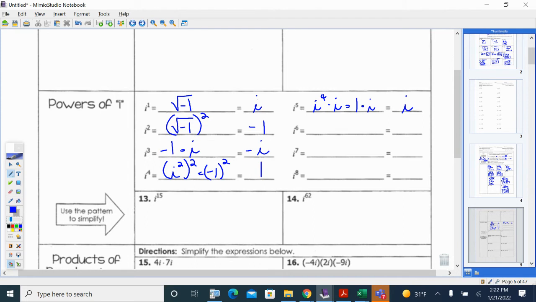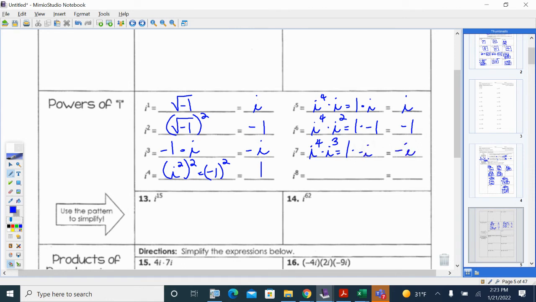i to the 6th power is the same thing as i to the 4th times i squared. So we have 1, i to the 4th is 1, i squared is -1, and you get -1. i to the 7th, I'm going to use i to the 4th again, times i to the 3rd, because 4 plus 3 is 7. i to the 4th is 1. i to the 3rd is -i, so we get -i again.